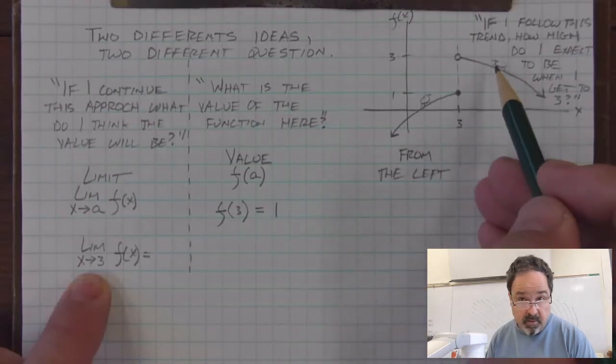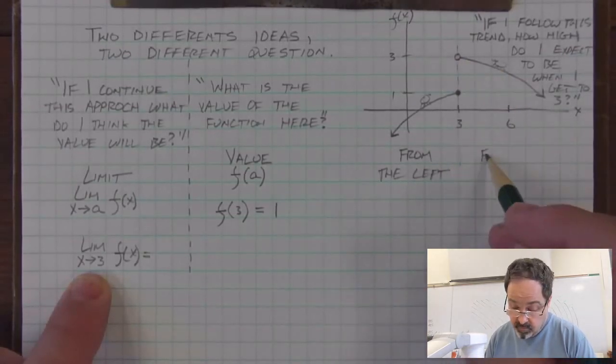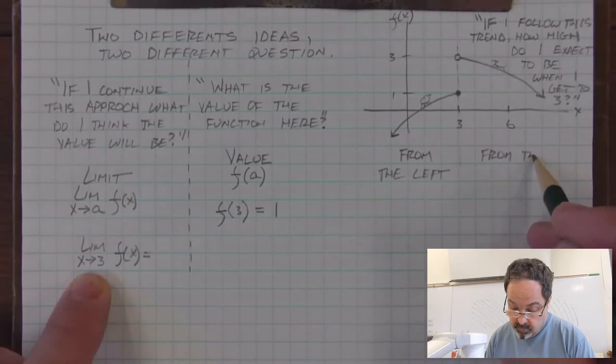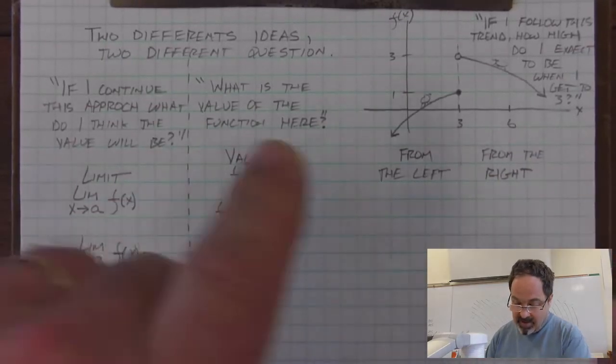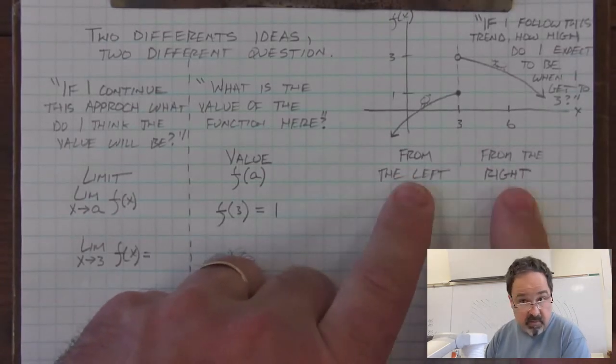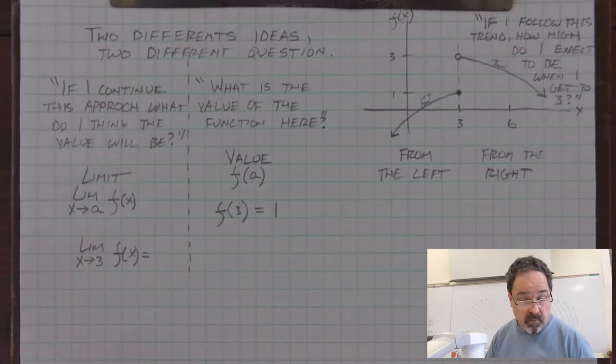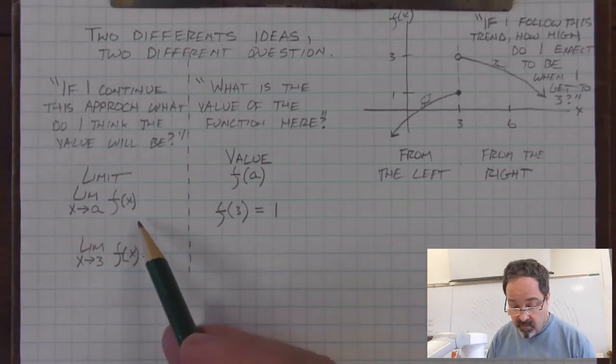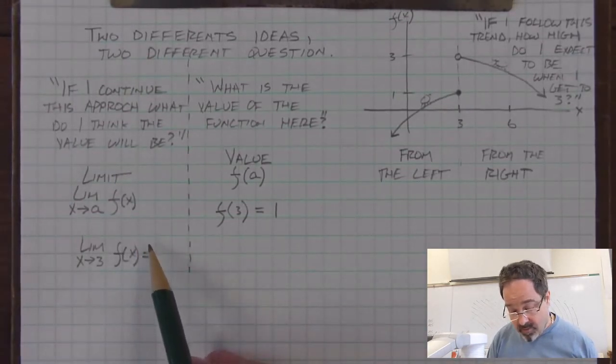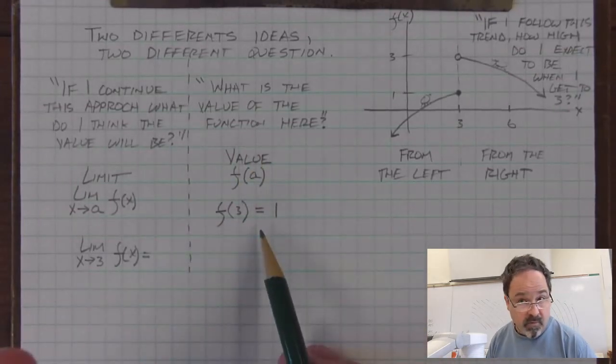Or we could be this bug that's approaching 3 from the right. And these two limits, the answer to these two questions are different, because the question itself is not answered by the value of the function.